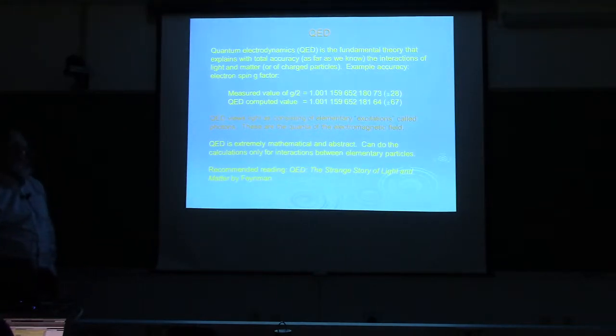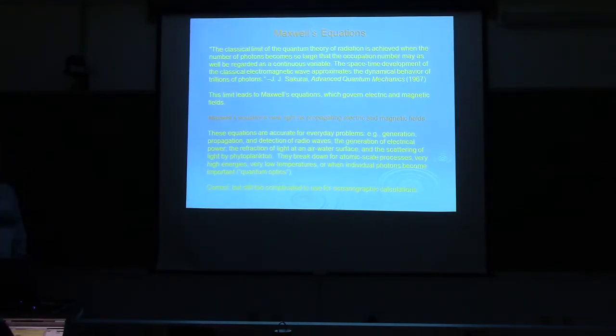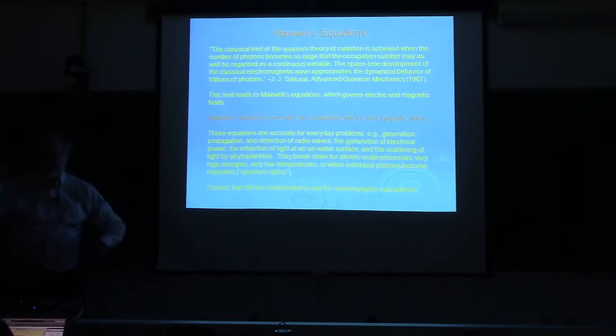Okay, bottom line, it's correct, but it's not the thing we can use directly. The next step down is that from QED, you can derive what are called Maxwell's equations. QED deals with things photon by photon.